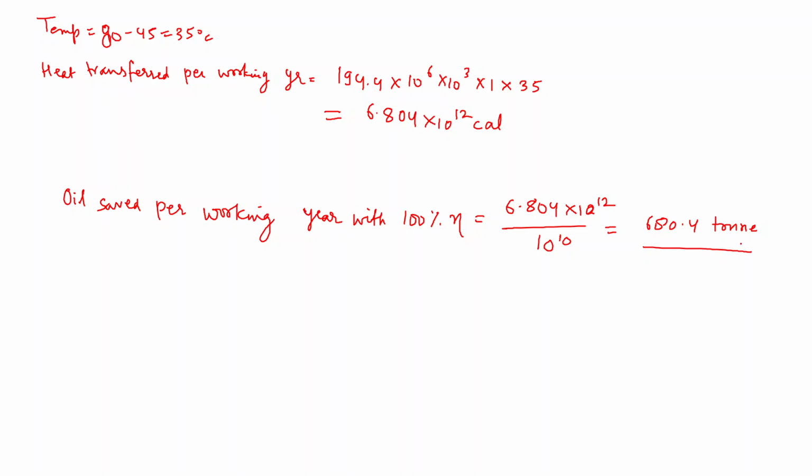We will have to use this 680.4 tons of oil if we are not using geothermal energy. So this amount of oil is saved at 100% efficiency.